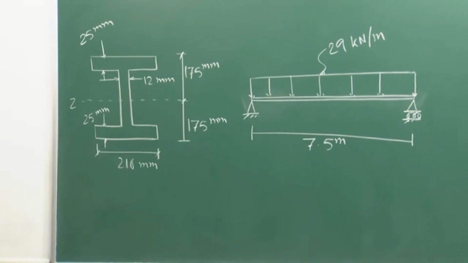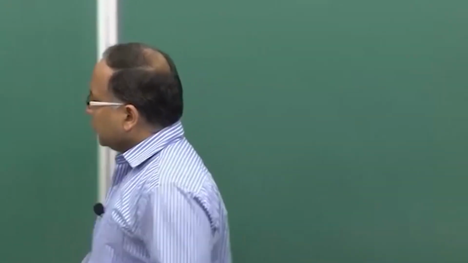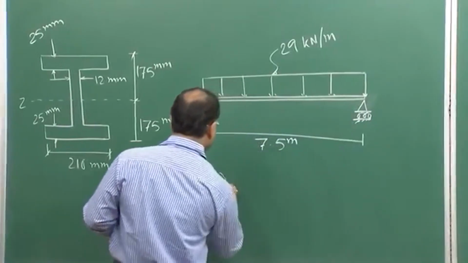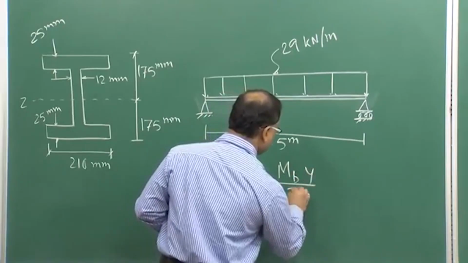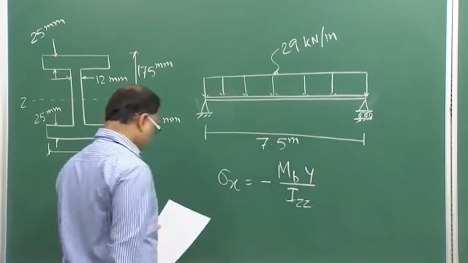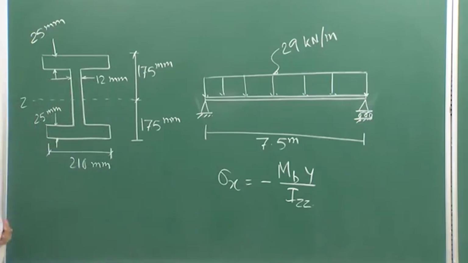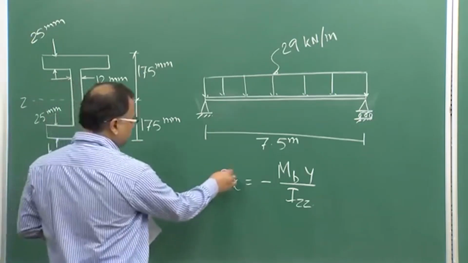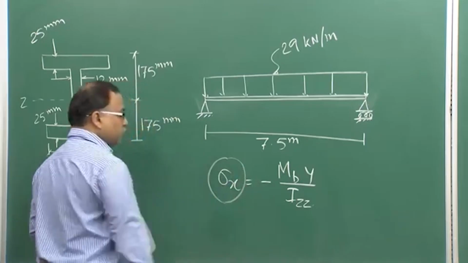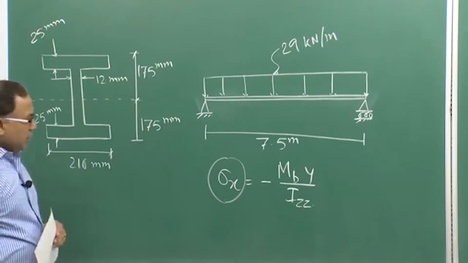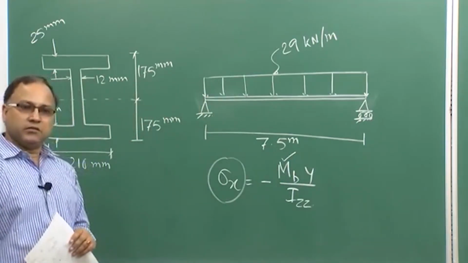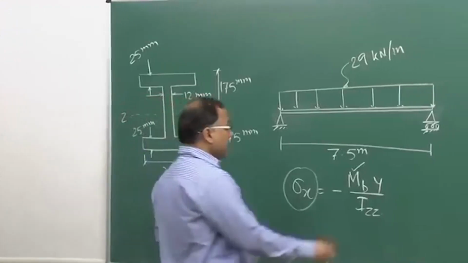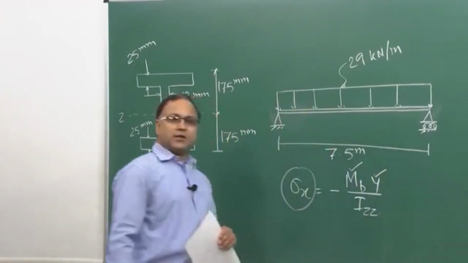Now, if you want to find out the maximum bending stress, if you recall, the equation of bending stress is this. If this is going to be the maximum, then the bending moment has to be maximum, as well as y has to be maximum.